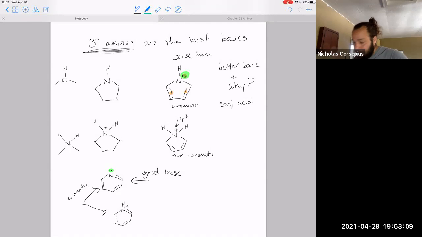So anyway, it doesn't extend too far beyond these two compounds, but that's the consideration you want to make when you're talking about these heterocyclic rings and whether or not nitrogen is going to play the role of a base.